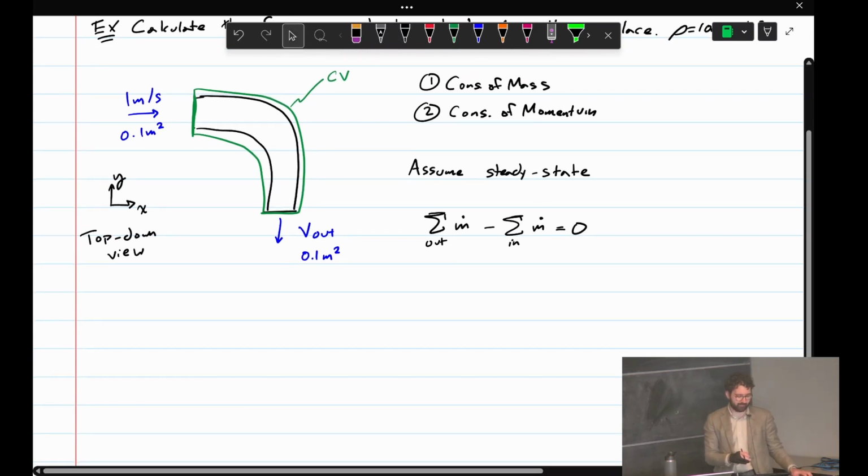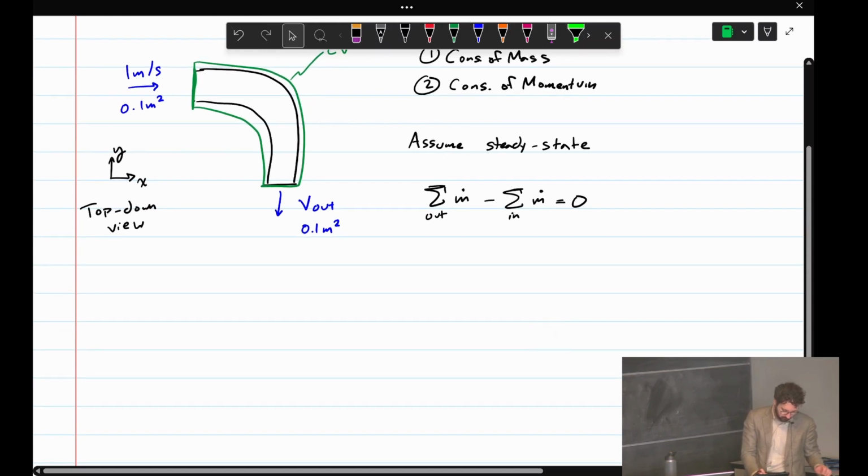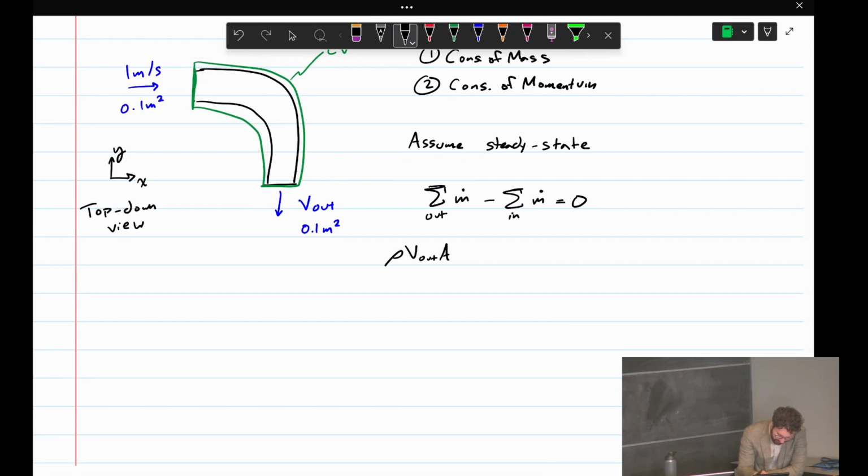So our mass flow rate out minus our mass flow rate in is equal to 0. So that is rho V out A out minus rho V in A in equals 0.